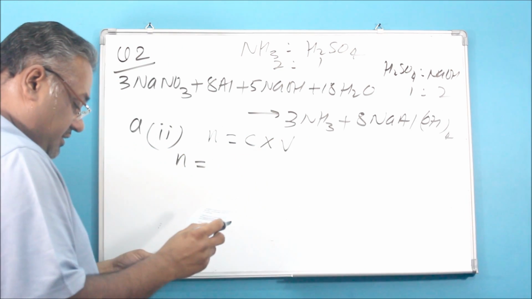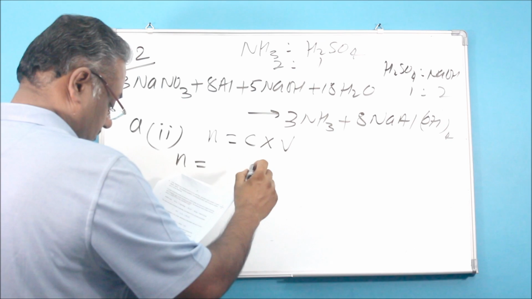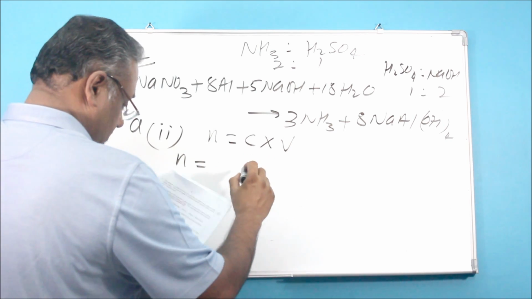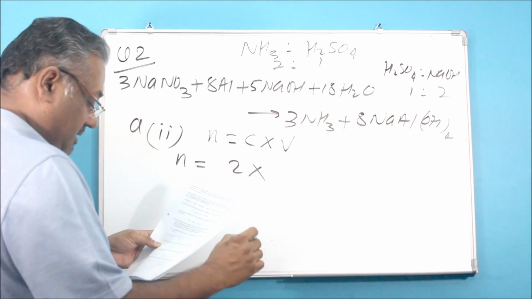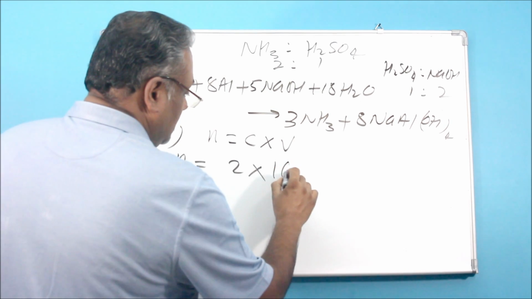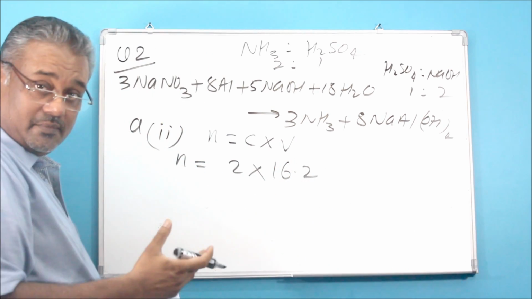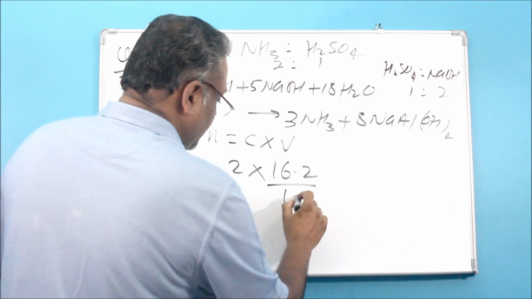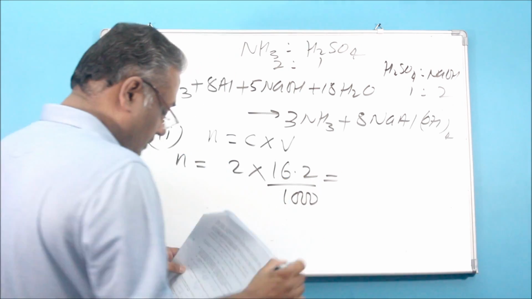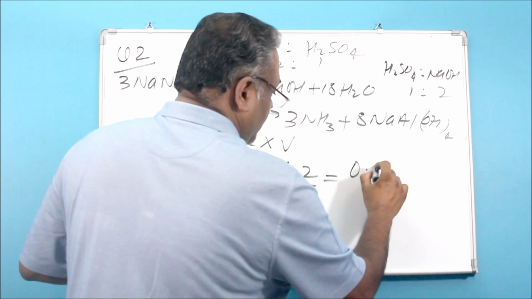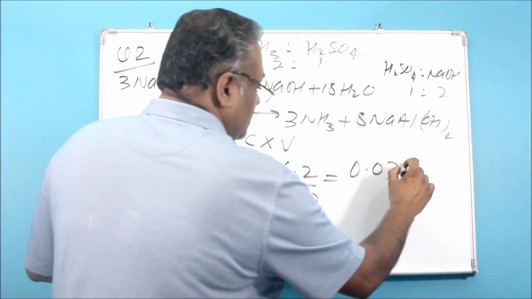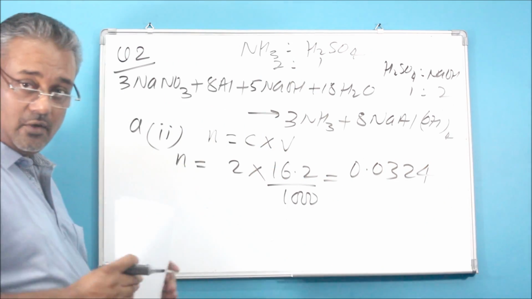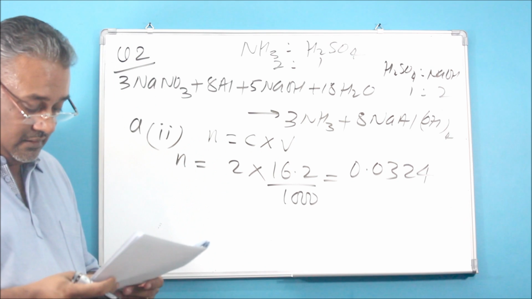I have the concentration as 2, and the volume is 16.2. But don't forget, this is in cm3, so I can't use cm3. I need to divide this by 1000 to change into dm3, and this works out to be 0.0324. That's basically how we get the moles of the NaOH.